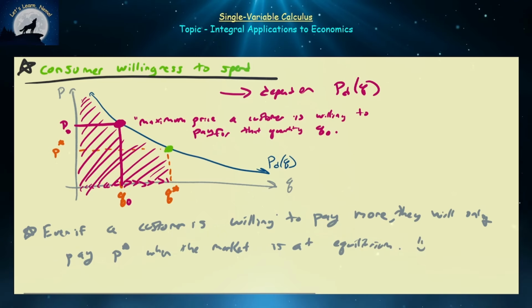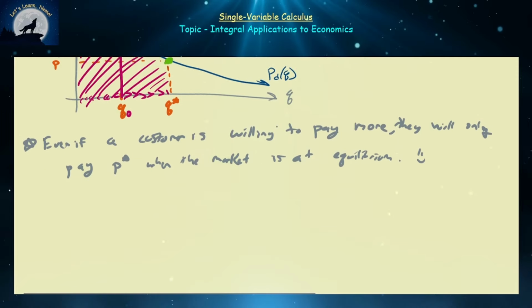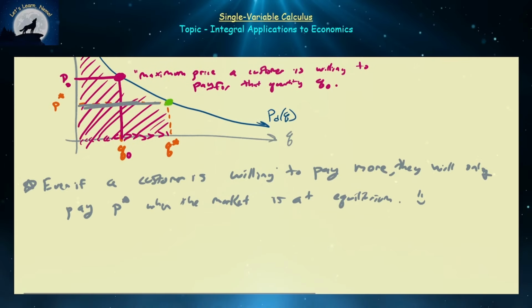Right? So what we're looking for here is technically this value here, if at equilibrium. That's going to be how much the actual consumer spends, which we refer to as consumer expenditures.